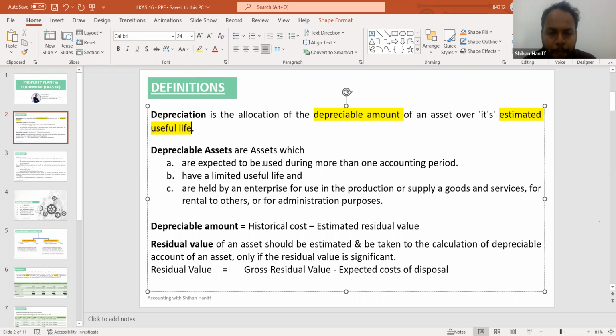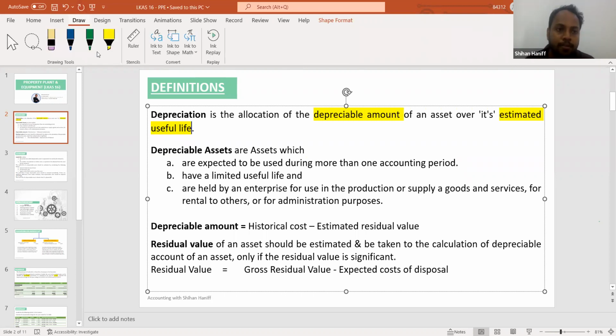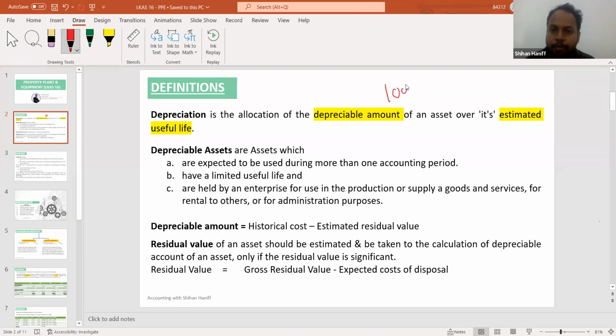For example, if we purchase a motor vehicle, we don't consider that motor vehicle as an expense during the current financial year. Let's say the motor vehicle value is 1 million. That 1 million we don't consider as expense during the current year.